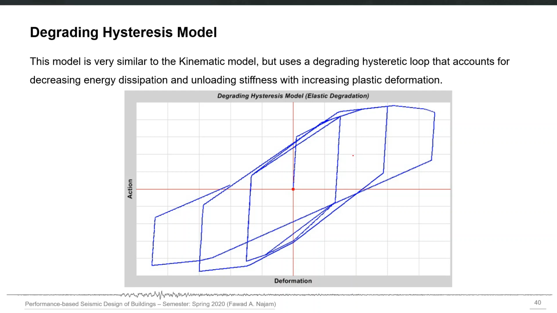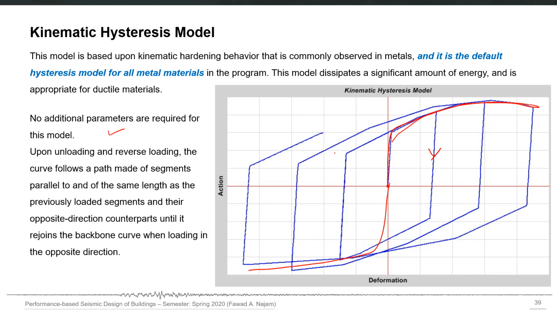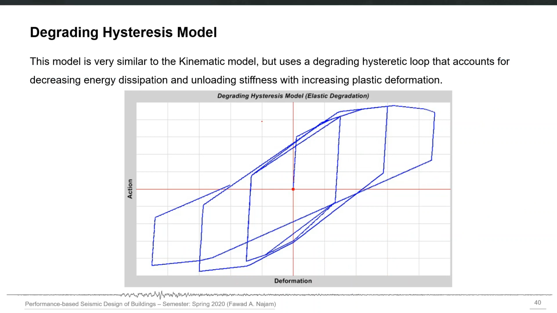Degrading hysteresis model, as the name indicates, degrades the stiffness also with different loops. In the kinematic model, there is no stiffness degradation. But here, the model is similar to kinematic, but it uses a degrading hysteretic loop that accounts for decreasing energy dissipation.